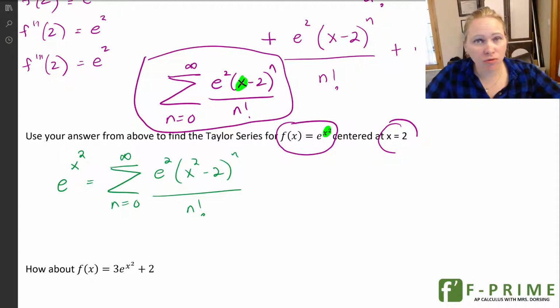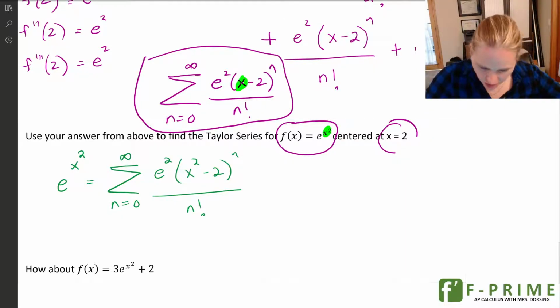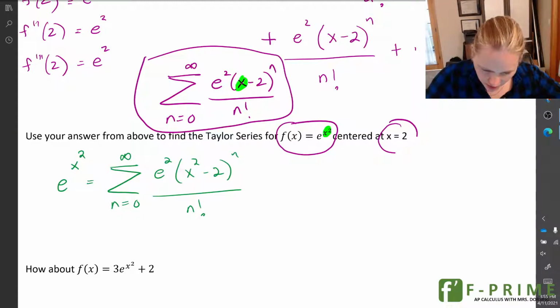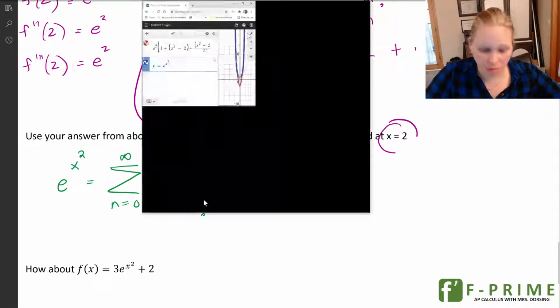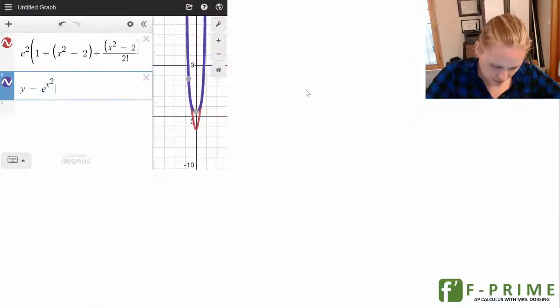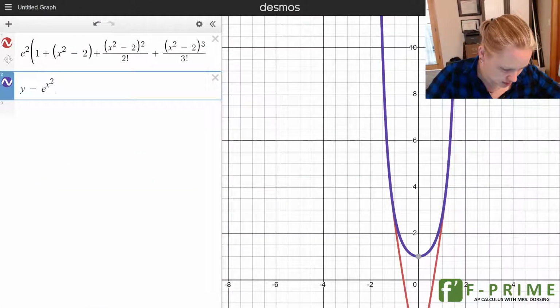And if you needed proof that this is how it works, we could take a look at the graph here in Desmos. If we take a little peek at what's going on here, I've graphed the two. So here's e to the x squared, and here is the function where I just rewrote it with x squared instead of x, and I just went out to the third degree polynomial.